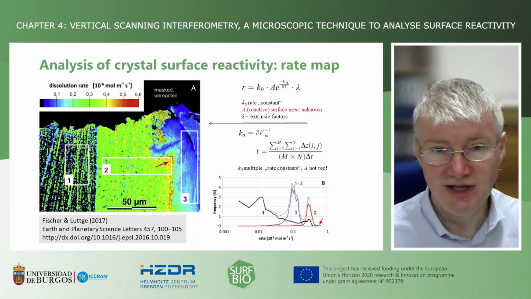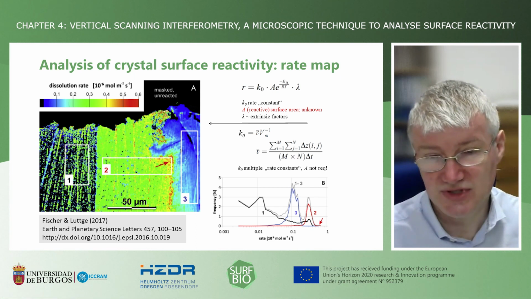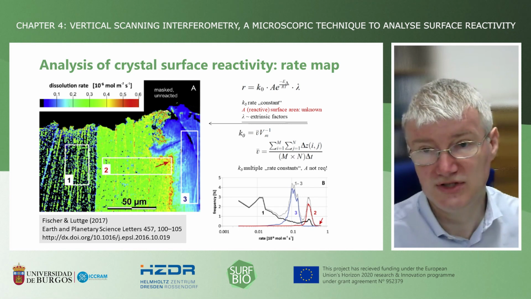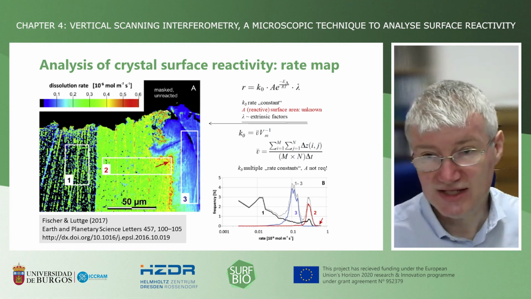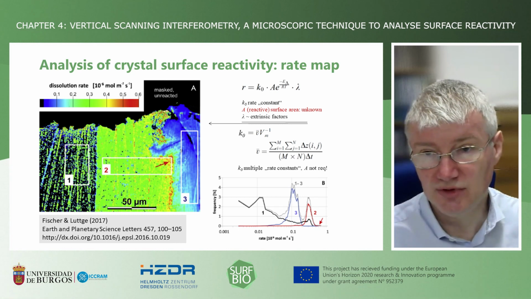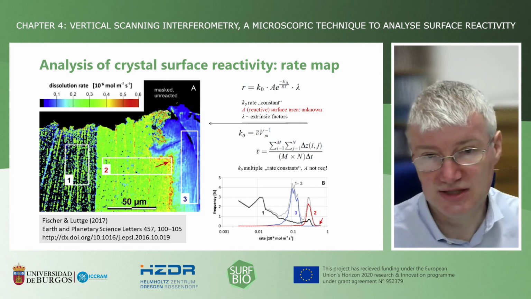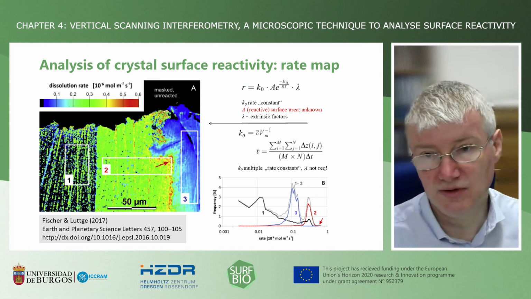There's incremental height evolution, so the overall surface area evolution is unknown. All these calculations are something like a best guess with an unknown reactive surface area, and we come up with a mean rate constant that is actually an estimation of what's going on.